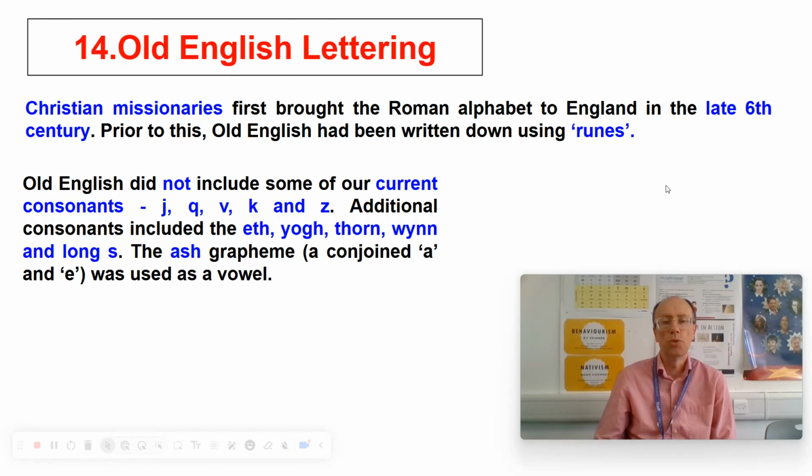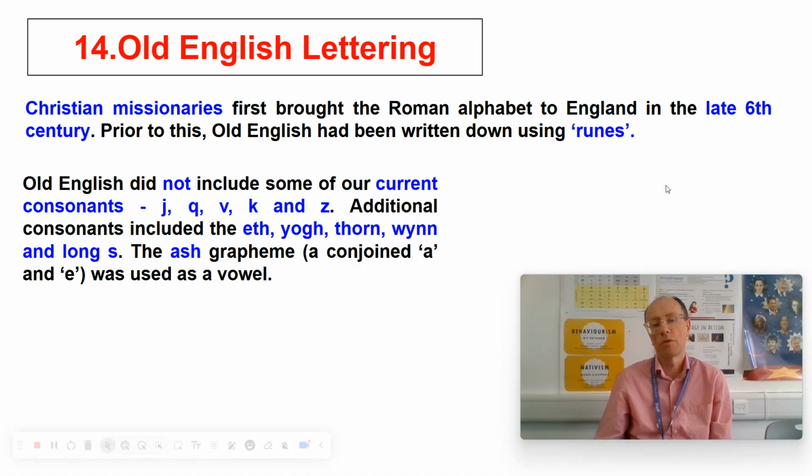You've got the thorn, which is another TH sound. This time it's a voiceless interdental fricative, and it looks like a P with a long stem. So that's your thorn. You've got your wynn, which looks like a back to front A, which is a W sound.